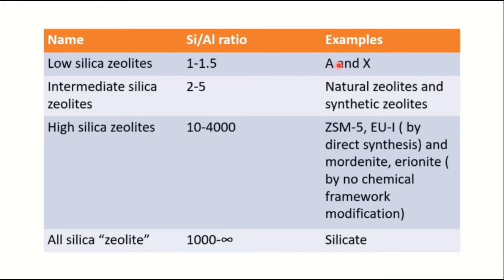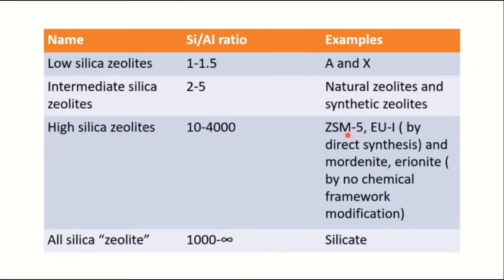Therefore, we need a zeolite with a higher content of silicon because we want to improve the characteristics for both thermal and acid stability. The third one is high silica zeolite, and the ratio is from 10 to 4000.